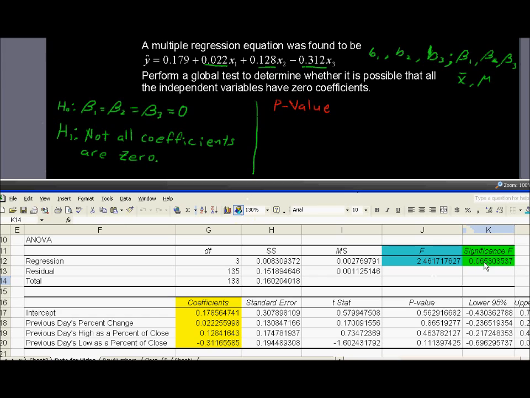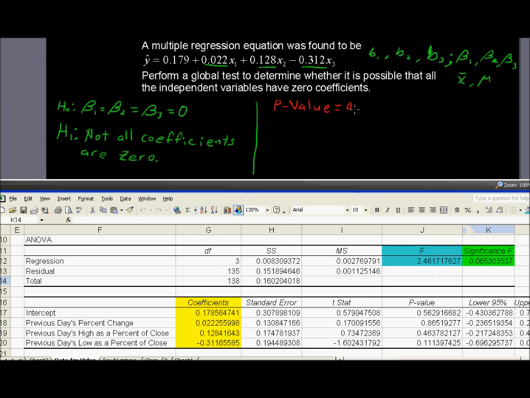It doesn't call it the p-value, but that's what the significance F is. And it's the area to the right of an F value of 2.46 with degrees of freedom of 3 and 135. So I'm just going to write it.